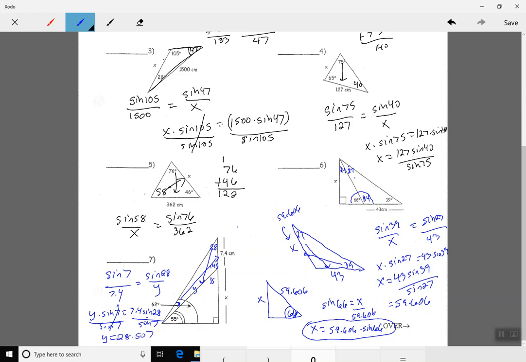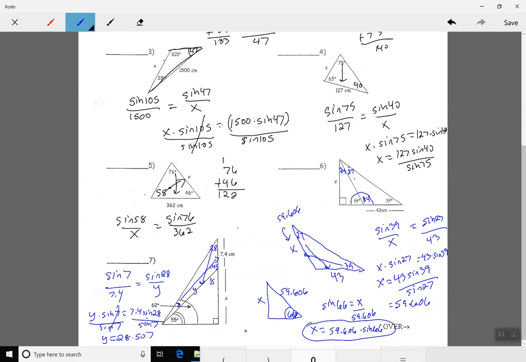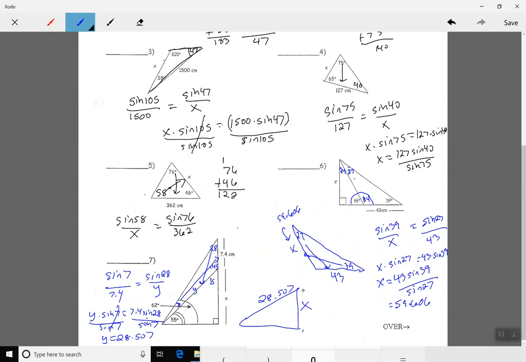And now that I know that, I'll go ahead and erase this. So now I know what this length is. It's 28.507. I'm trying to figure out this side x.